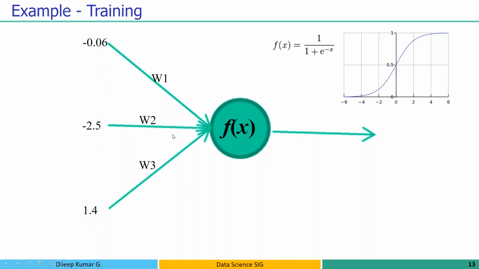Every input is associated with weights like W1, W2, W3, and these weights are multiplied with the input. Then we give these as input to the activation function, where f of x is the activation function, which gives us the output. This is the formula for that: f of x is equal to 1 by 1 plus e to the power minus x.